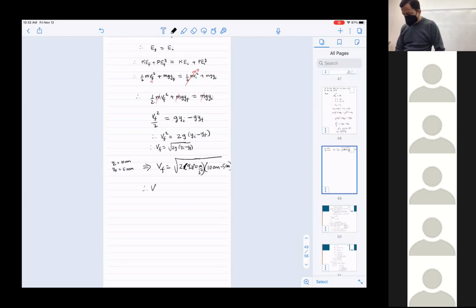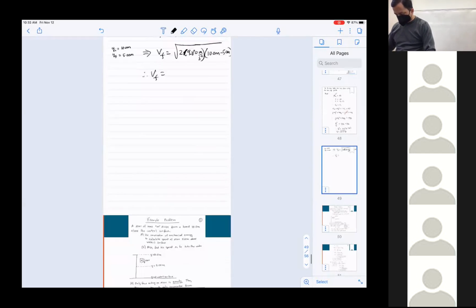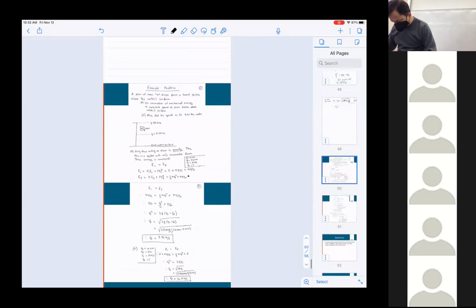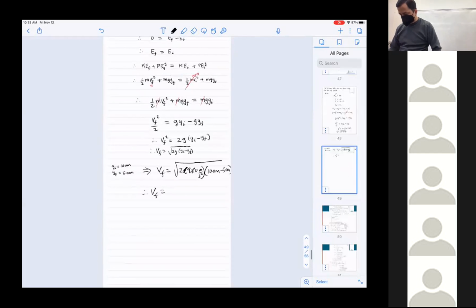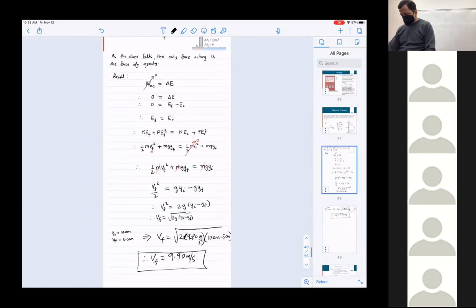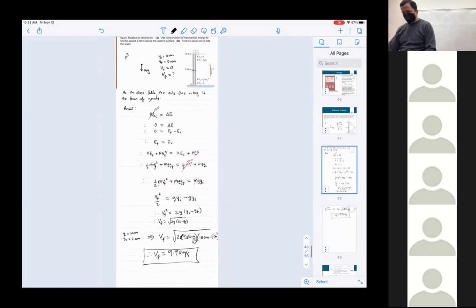And therefore you get v final is, let me just look ahead at what that number is, 9.90 meters per second. Any questions on that?